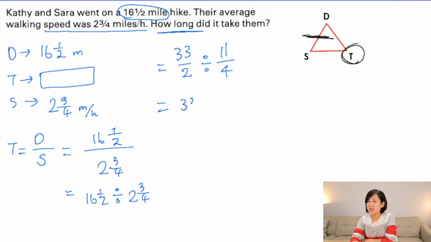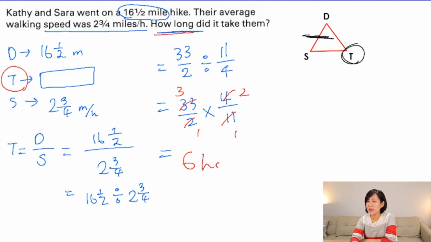Then change division into times. 33/2 times, then you turn the fraction upside down. Oh, I can see we can simplify by 11 and by 2, it gives you 6. And what is 6? 6 is the time, right? The unit of time here is hours, so we can say it takes 6 hours.